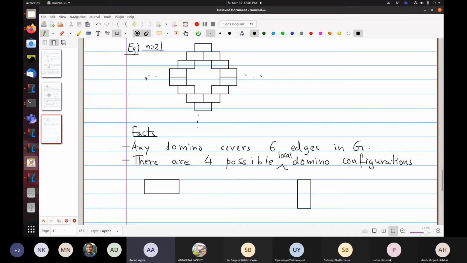Okay, so what are the 4? So 2 horizontal, 2 vertical, but in each there is a choice of which is black and which is white.